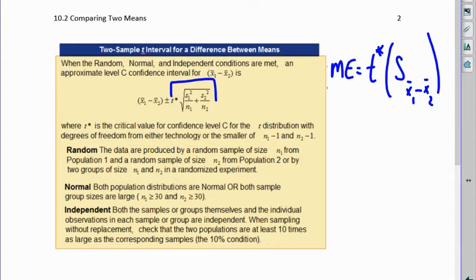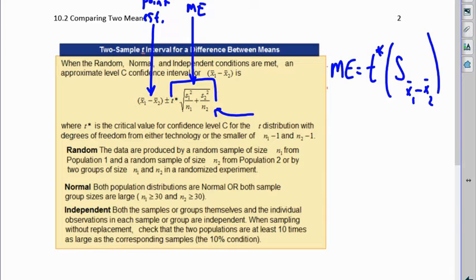And that's going to be found with sample values. You can see the sample values in there. And this is going to be the difference of your two means, and then adding and subtracting the margin of error, which is this part right here. This is the margin of error. This is your point estimate.